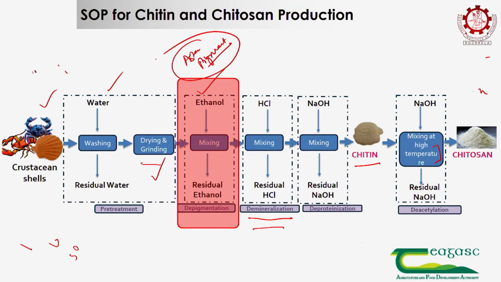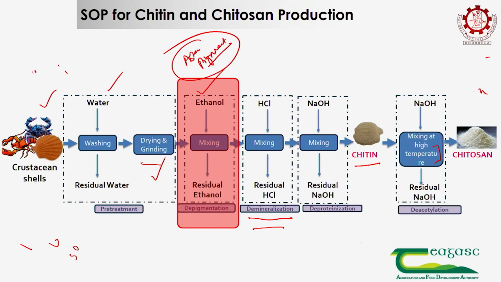Alcohol can remove most of the pigments out of the biomass. If you use methanol, even better. Ethanol, methanol, diethyl ether and all those solvents, whatever you guys were telling me, can be used to remove those pigments. Then we are adding organic chemicals, and subsequent food and non-food application becomes trickier.